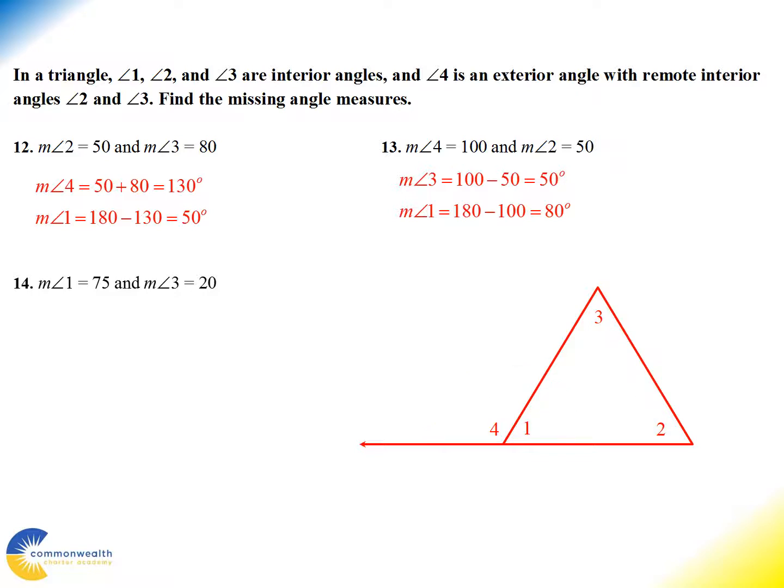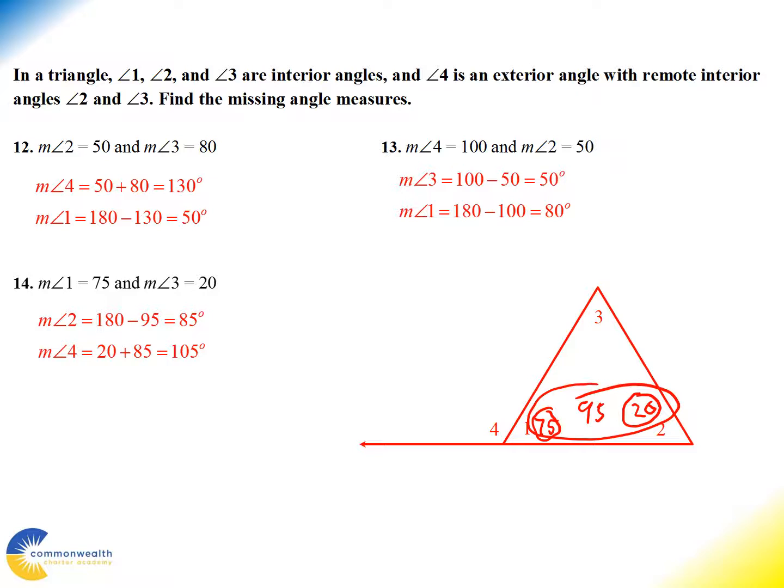And then lastly, we're told the measure of angle 1 is 75, and the measure of angle 3 is 20. They circle them, so I'm not saying it's 125 and 202 or something like that. Again, there could be some slight variations, but I chose to say the measure of angle 2 should be 180 minus the sum of these two other angles. These two total 95.